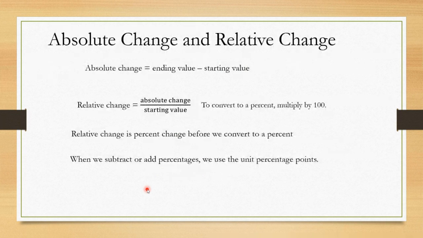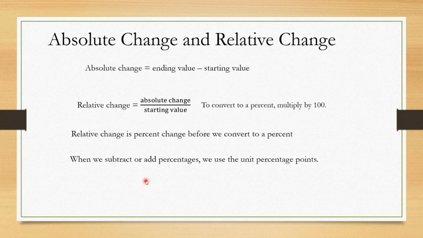All right. The next topic, I'm definitely not going to finish it today, but it's about absolute change and relative change. If you have a certain quantity that's changing value, the absolute change of it is the ending value minus the starting value. That's just what absolute change is by definition.